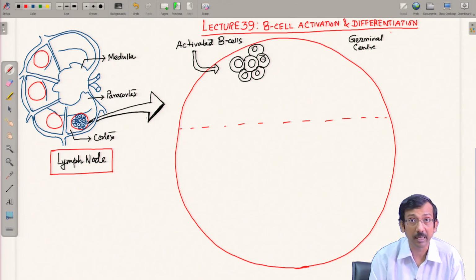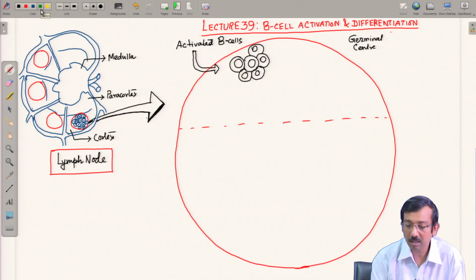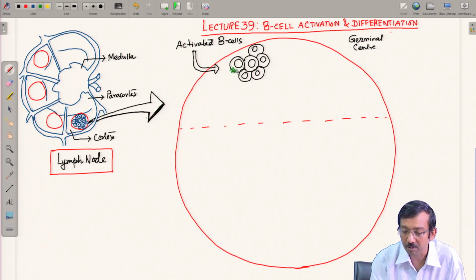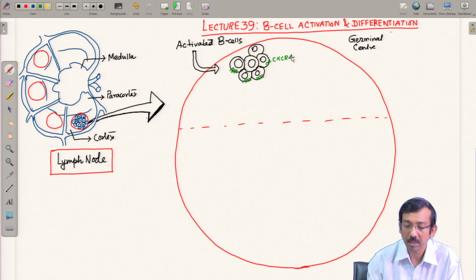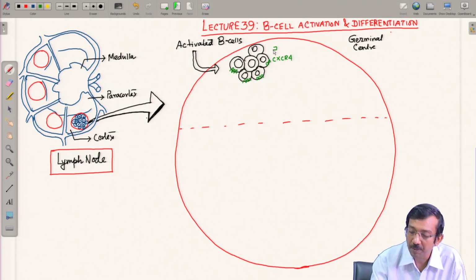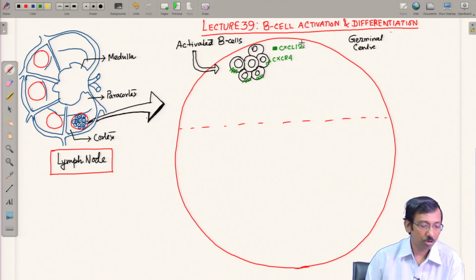At this stage, I told you they will start expressing certain chemokine receptors, the CXCR4 receptors, and these receptors can recognize a specific chemokine, CXCL12, which is secreted from the stromal cells.